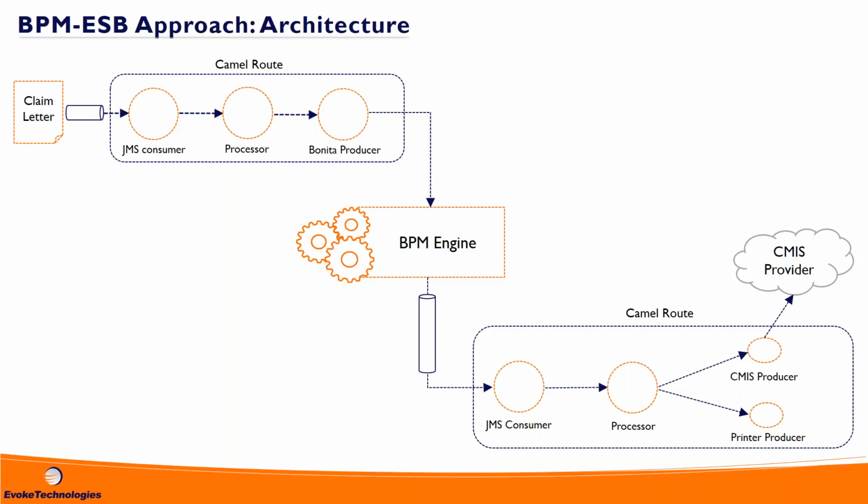We will talk about exactly what goes into the Bonita flow in a moment. After the processing, the destination steps of printing the documents, storing into a content management system, and any other downstream steps are again taken care of by another Camel route.